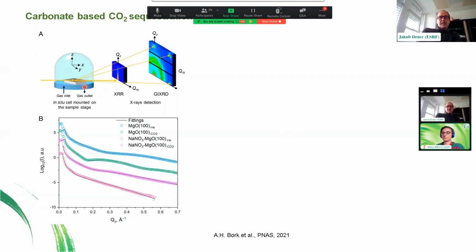So now these are the typical reflectivity curves, and what you can see here is that depending on the conditions, if it's the magnesium oxide in helium or in CO2, or there is sodium nitrate on top of it, the shape changes. And the shape tells you something about the interface between the material and, let's say, the carbonate salt.